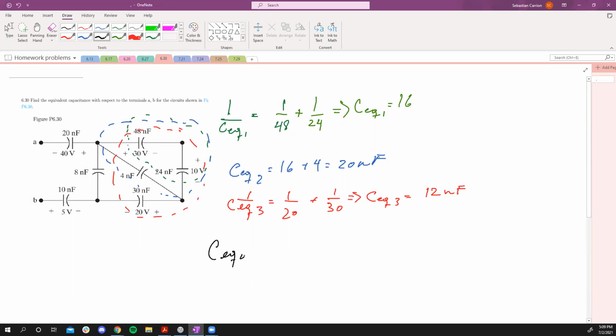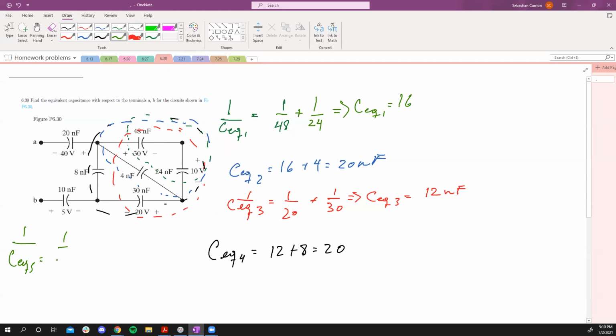So now we have C equivalent 4. We have an equivalent capacitor here in parallel with this 8 nanofarad capacitor. So 12 plus 8, 20, and then for our last, I'm just going to do it with green again. C equivalent 5 would be all the equivalent here in series with this 20 nanofarad and this 10 nanofarad.